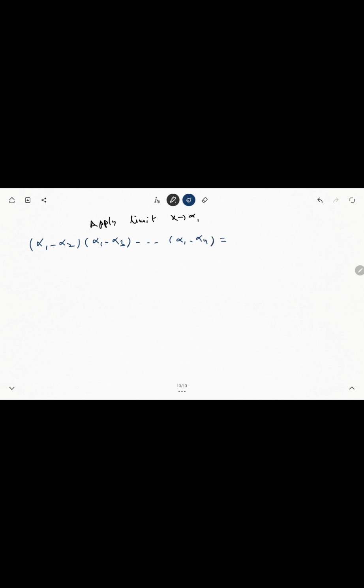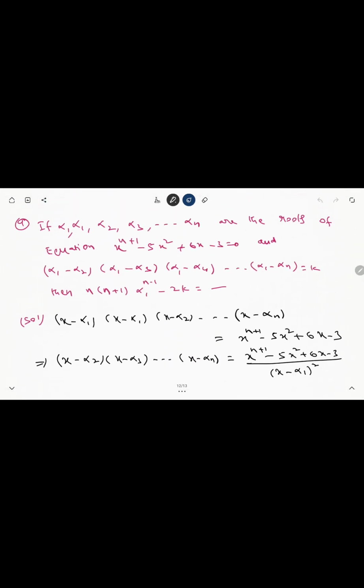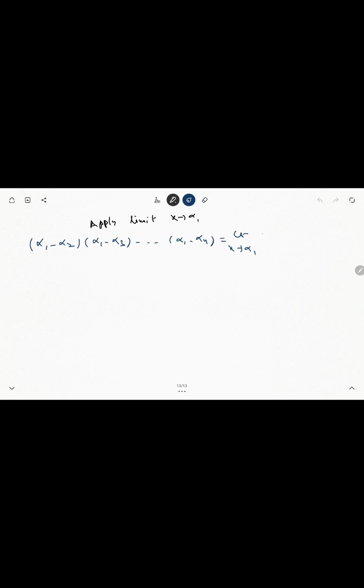Right side limit x tends to alpha 1. Same, you have to apply 0 by 0 model. X to the power of n plus 1 minus 5x square plus 6x minus 3 by x minus alpha whole square. Now apply here 0 by 0 model, LH rule.